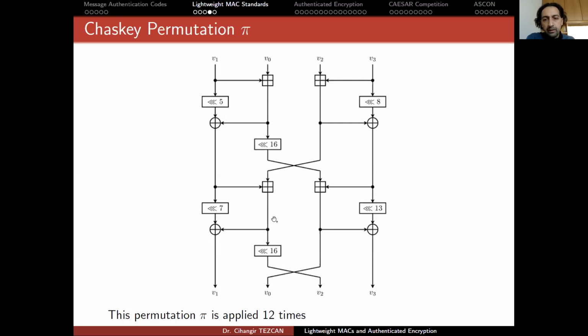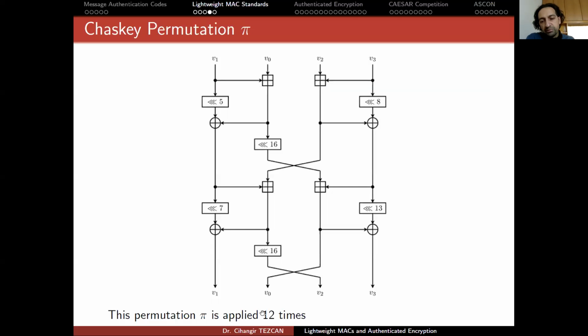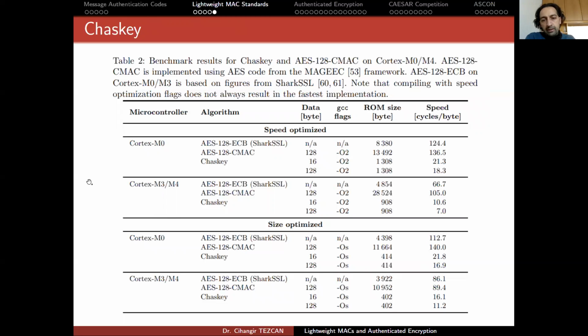Here it is chosen as 12 because it is assumed that with this choice, it is fast and secure. So in the standard, it is 12. I took this picture from the official paper.